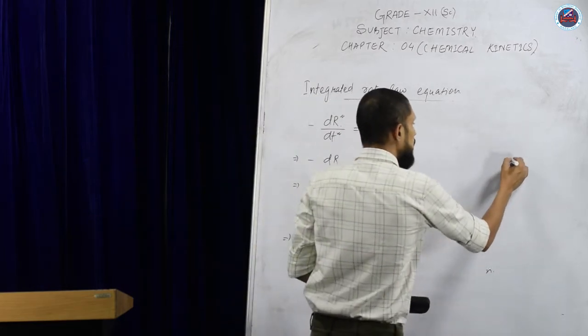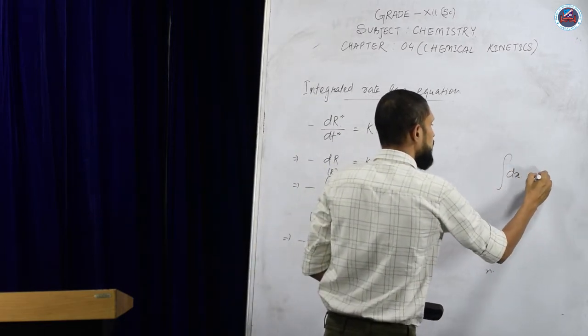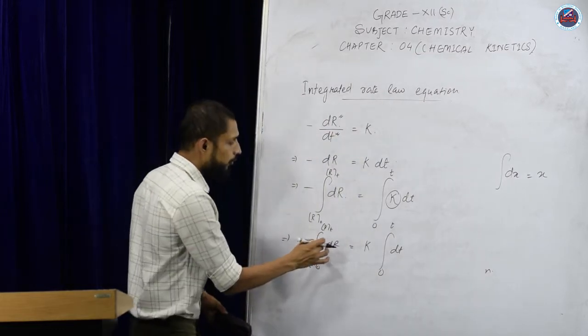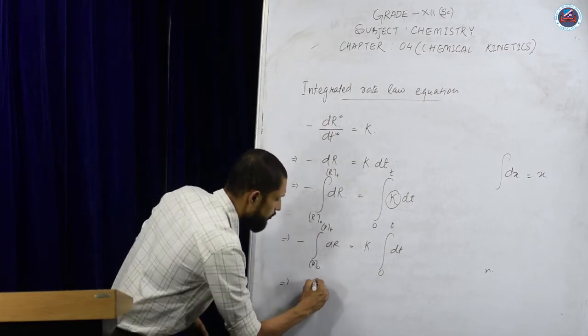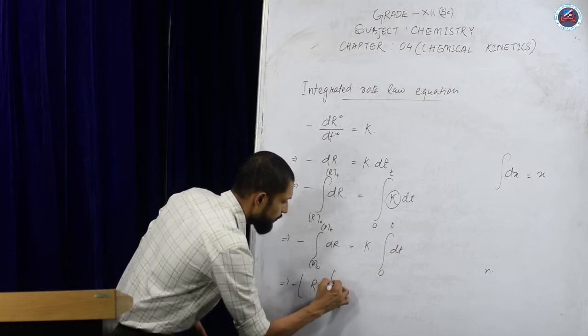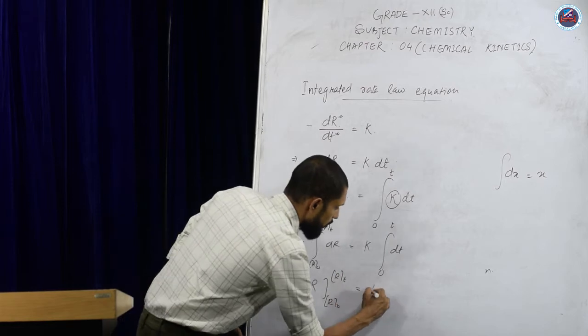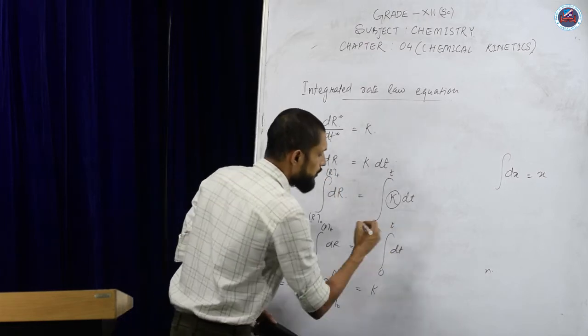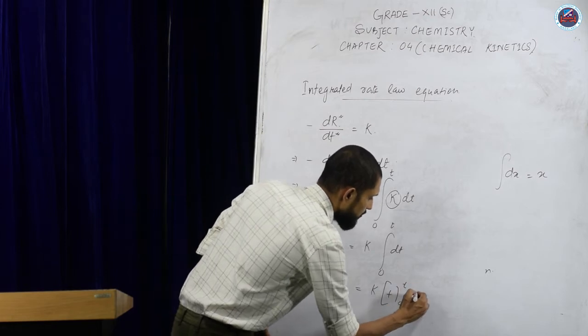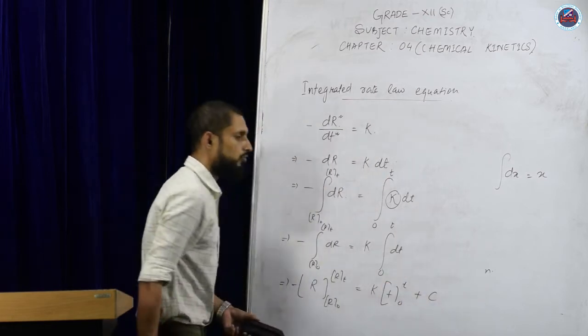Now we know integration of dx is equal to x. So therefore integration of dR is equal to R. Limit from R0 to RT is equal to K. Integration of dt is t from 0 to t plus integration constant C.